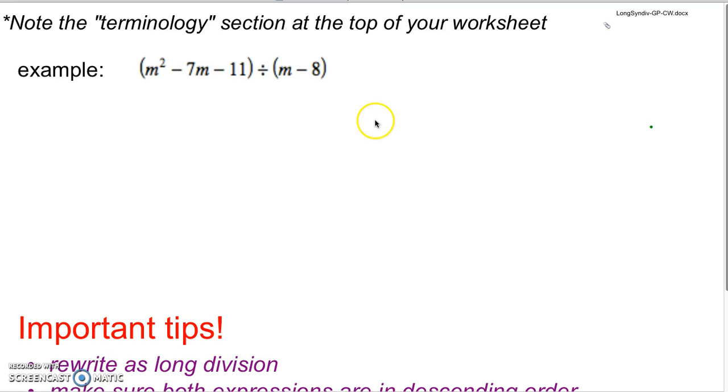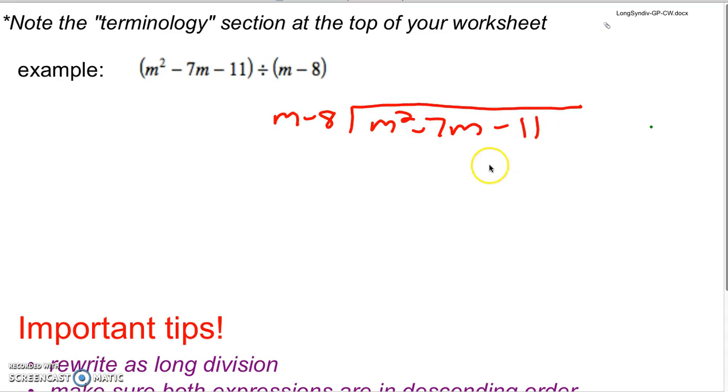So let's look at how we're going to divide polynomials. First of all, we need to set it up in a similar way to regular long division. The divisor goes outside the house, if you want to call it that, and the dividend goes under the house.